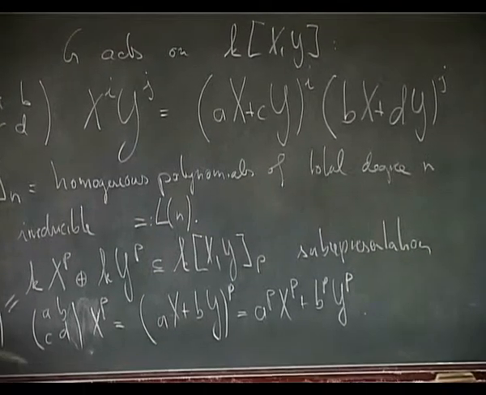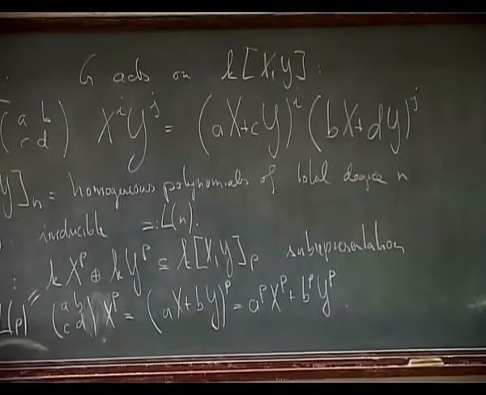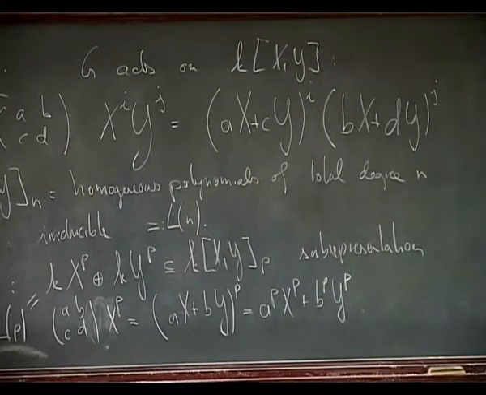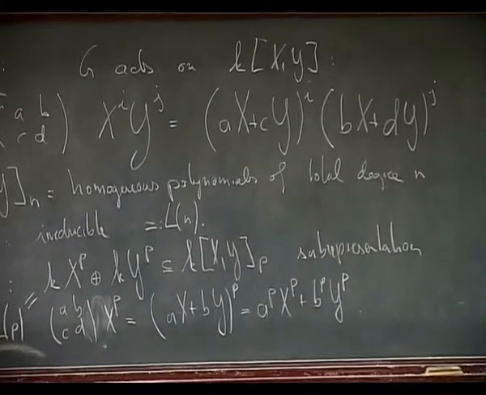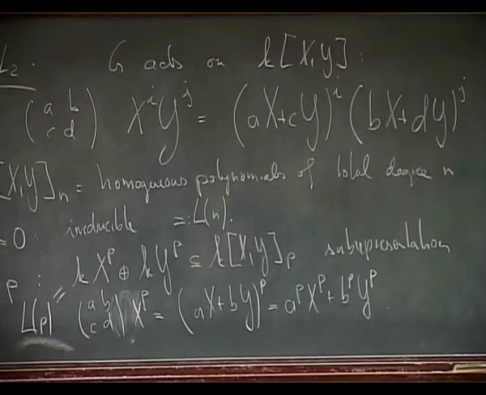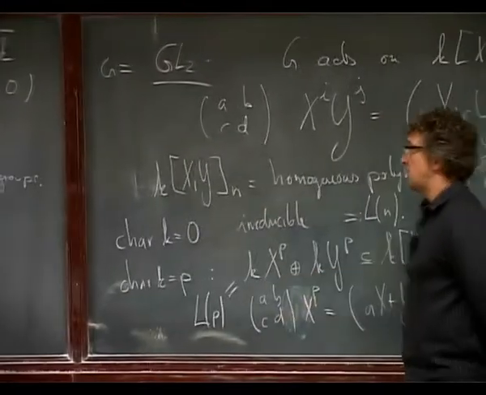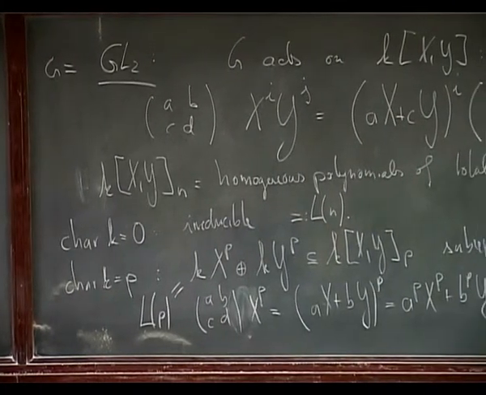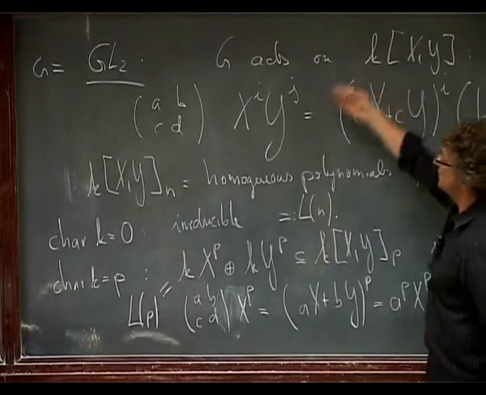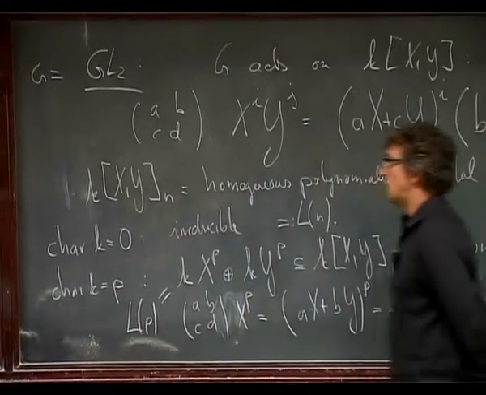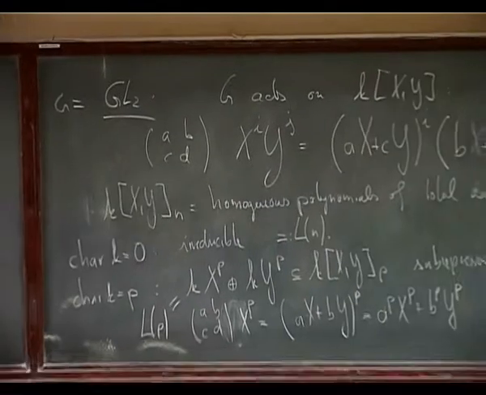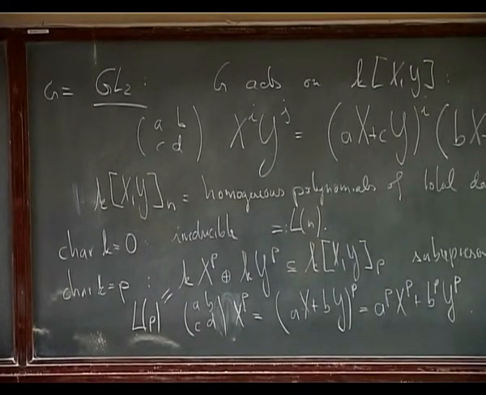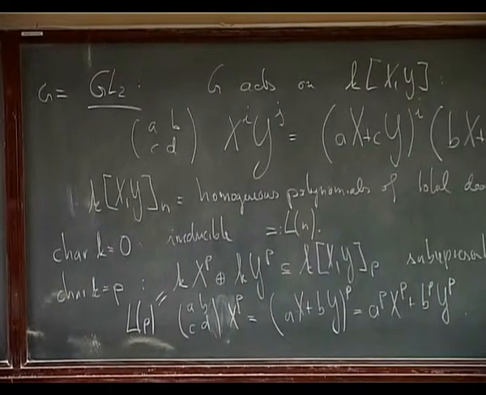So going back to the general case, this gives you an idea of what happens in characteristic p. And this can be generalized. The role of k[x,y]_n is played by global sections of line bundles on flag varieties. So these spaces should be considered as the space of global sections of a line bundle on the flag variety of GL2.